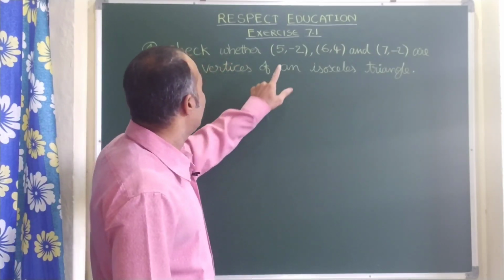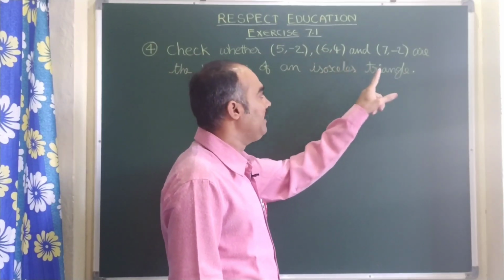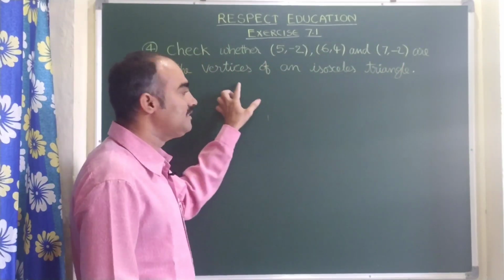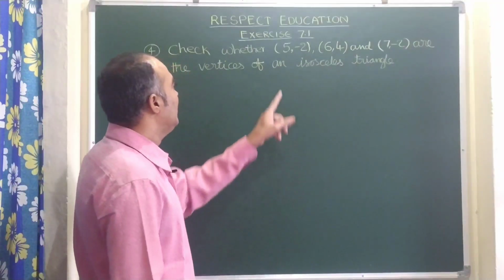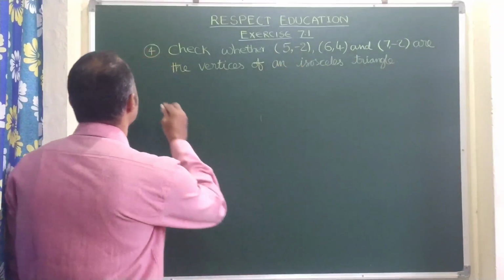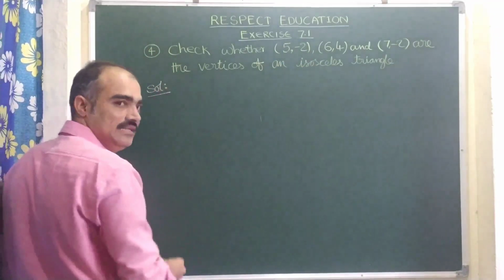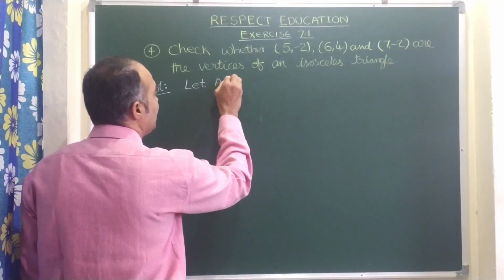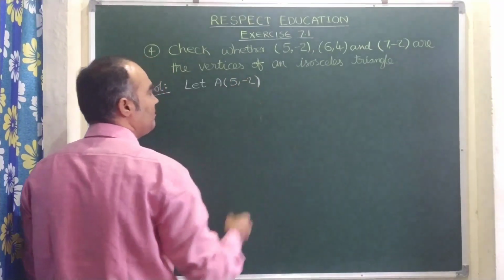Check whether 5 comma minus 2, 6 comma 4 and 7 comma minus 2 are the vertices of an isosceles triangle. Here 3 points are given. So let us consider them as A, B and C. Let us consider the first point as A, 5 comma minus 2.